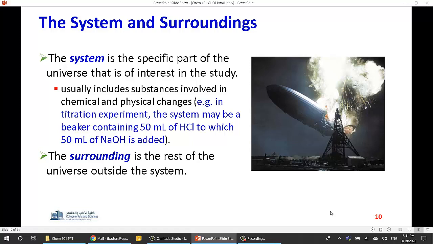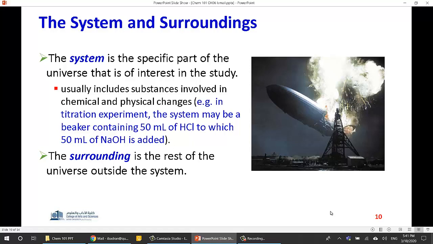We call that stuff the surroundings. For somebody working in biology, the system might be the cell on a slide under a microscope, and the surroundings would be the slide and whatever air surrounds that slide.